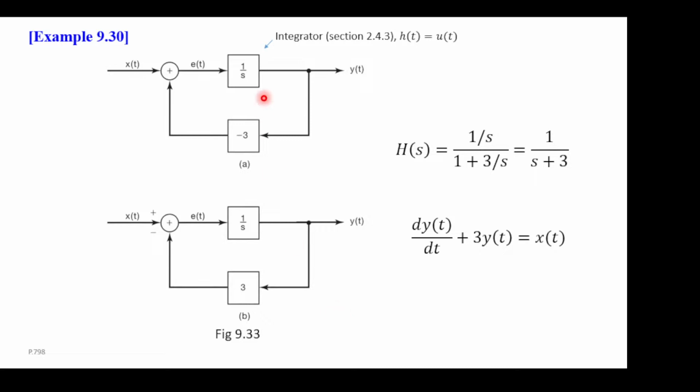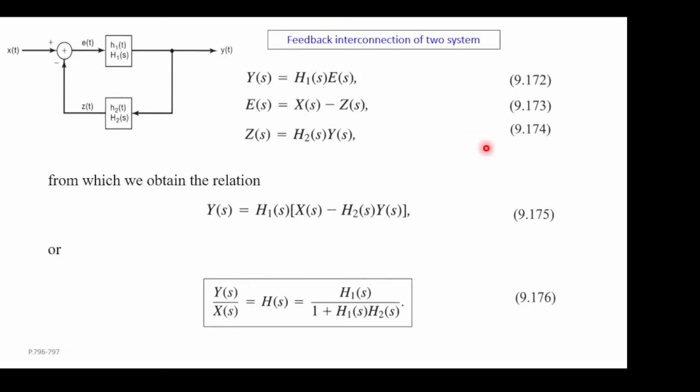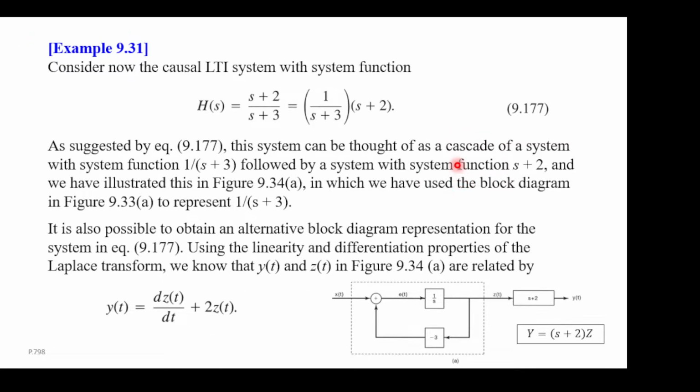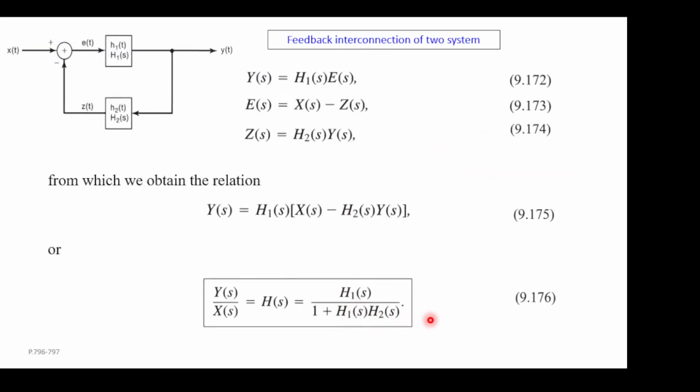So let's see, H1 is this 1 over S, an integrator, and H2 is just minus 3, so it's like a constant system. Then you see your H of S is 1 over S over 1 plus this H1 times H2.